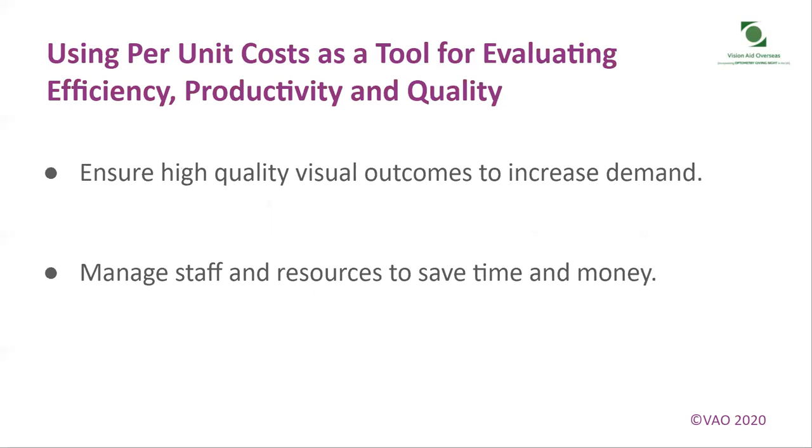Cost containment plays a role in cost recovery. And remember, fixed costs are spread over the number of patients seen, so the unit cost per patient decreases with increasing volume.